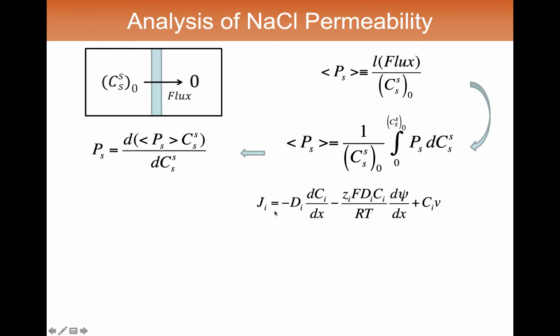Now, we can write the Nernst-Planck expression for the flux of an ion through such a membrane. I've shown you this earlier. The variables have the same meaning as before, and I've also put in an additional term that would account for the possibility of convective flow of salt through the membrane.